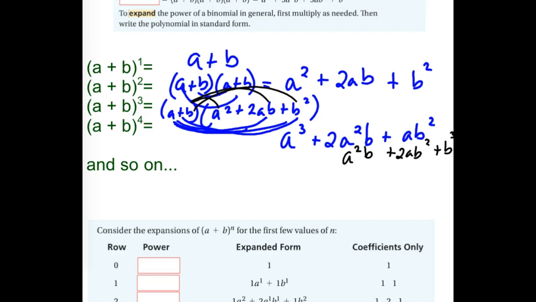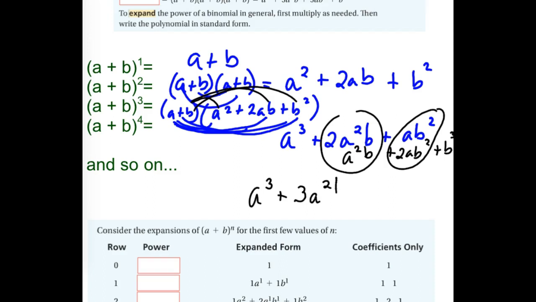And if I put all my like terms together, these are like terms, these are like terms, I end up with a cubed plus 3a squared b plus 3ab squared plus b cubed.